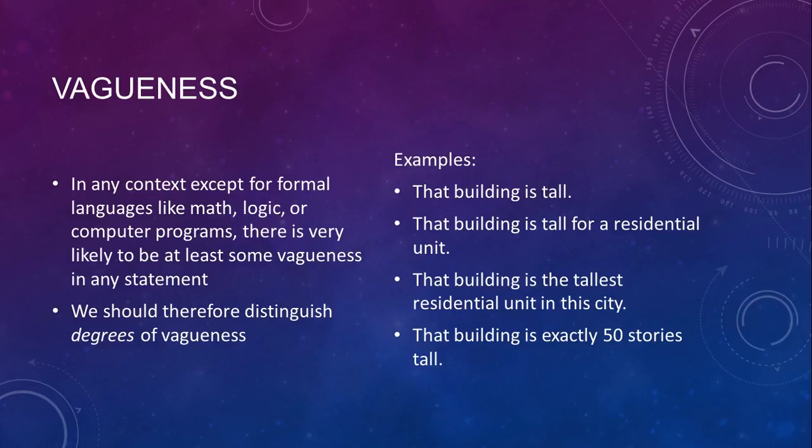So if your job is just to figure out which building is being referred to, this is clear enough to do that. And that building is exactly 50 stories tall is the least vague of these, but does that still contain some vagueness in it? That last sentence, how is that vague? Tell me one sense in which that might be a little bit vague.